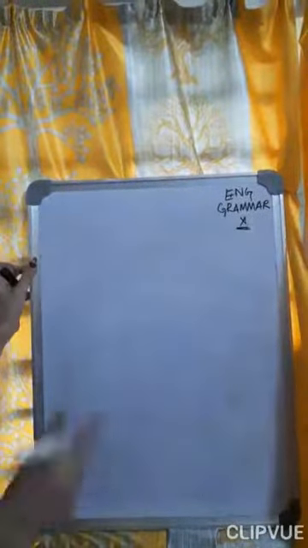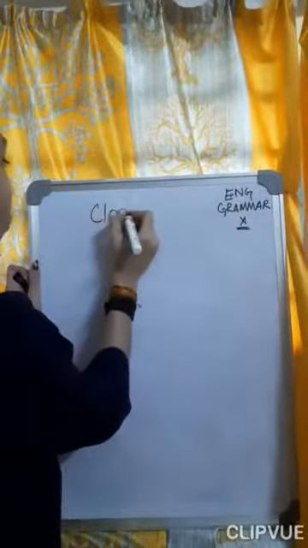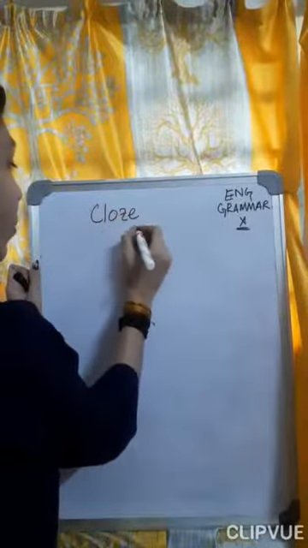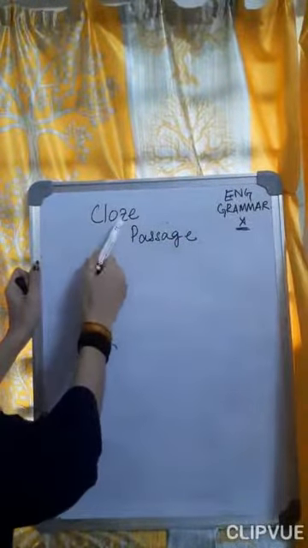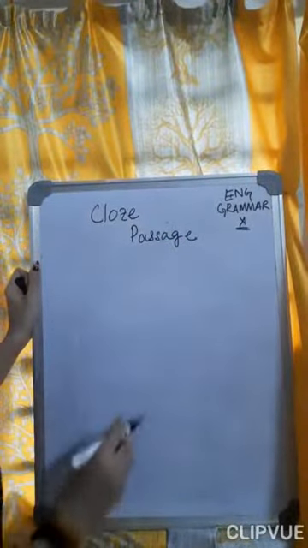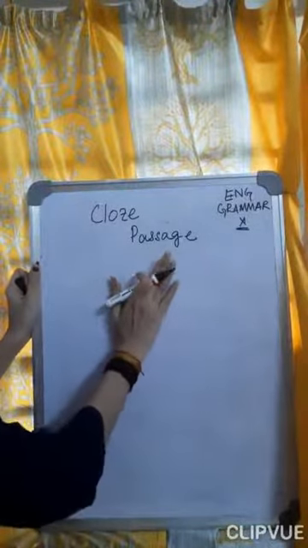We have already done editing, and today we are going to deal with this topic, cloze passage. This is a Z and not an S, okay? Cloze passage. So by the term passage, what do we understand?